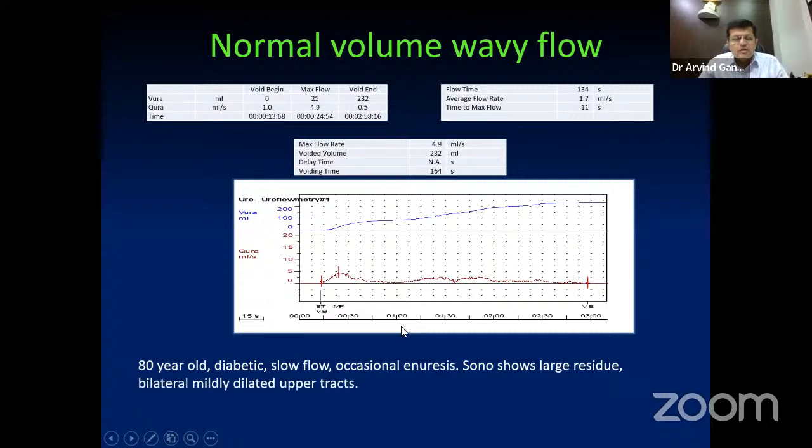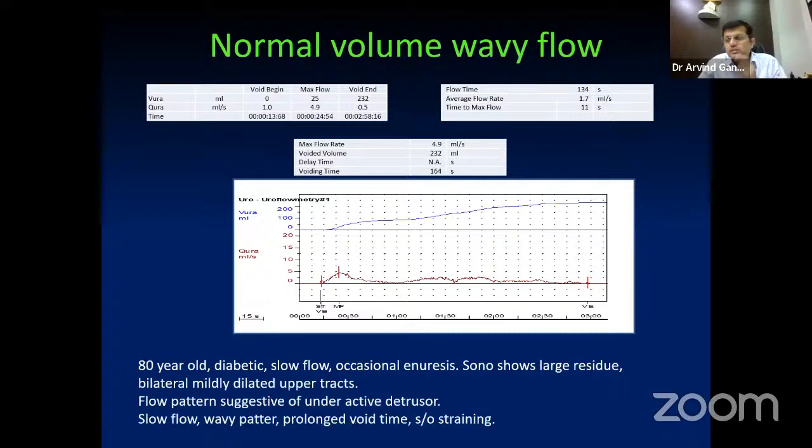So this is typically seen whenever the patient is having an underactive detrusor, and the commonest cause for underactive detrusor is a diabetic male. We'll not go into the details as to whether it's a compensated or uncompensated obstruction, because invasive urodynamics will tell us. But definitely, uroflowmetry is telling us that this is a wavy curve, and that is typical of an underactive detrusor.